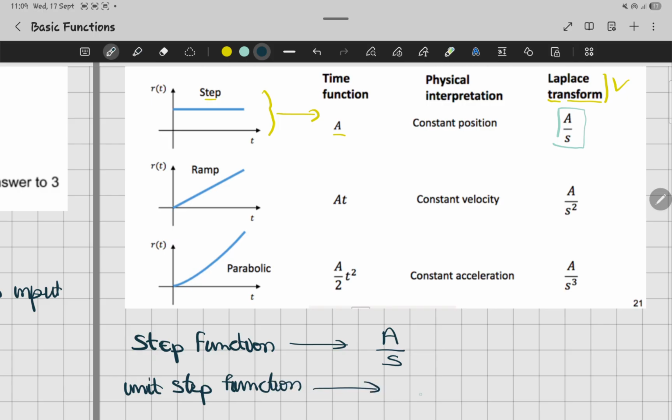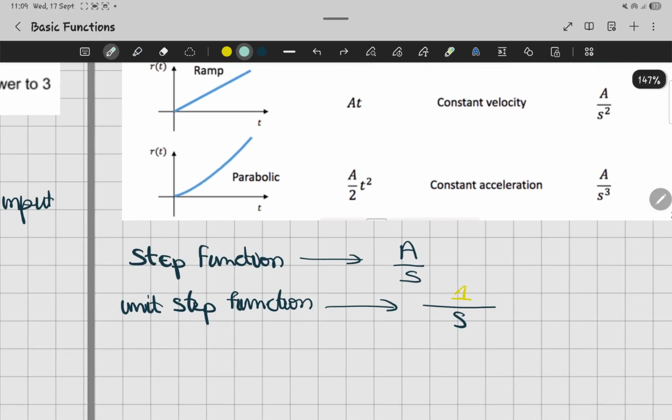We have the same formula, but instead of A we have 1, because we have 1 at the numerator, that's why we call it a step input. Unit step means A equals 1.